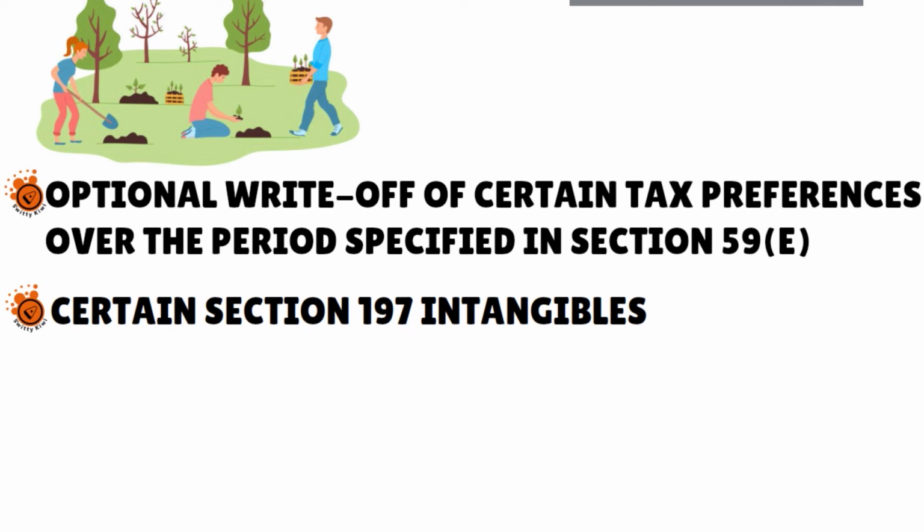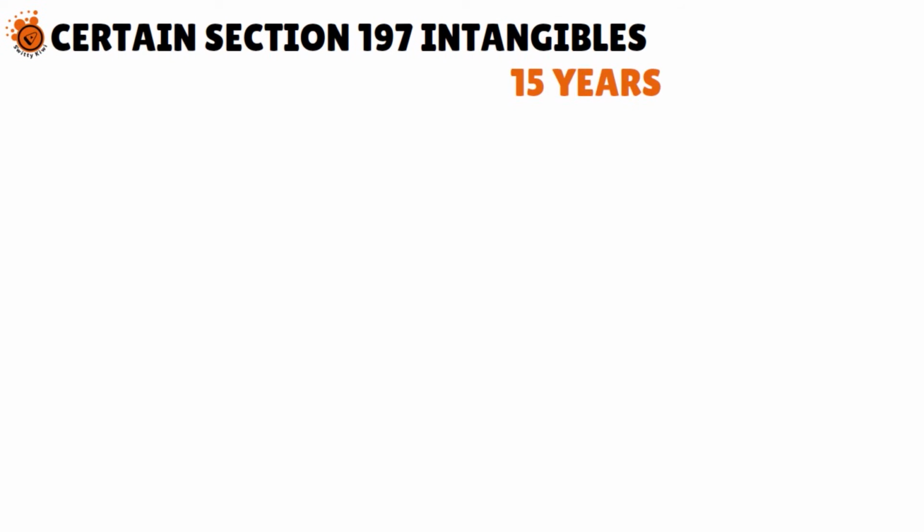The following costs must be amortized over 15 years, in other words, 180 months, starting with the later of the month the intangibles were acquired, or the month the trade or business or activity engaged in for the production of income begins.